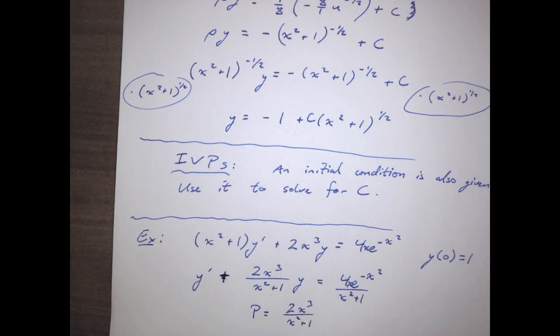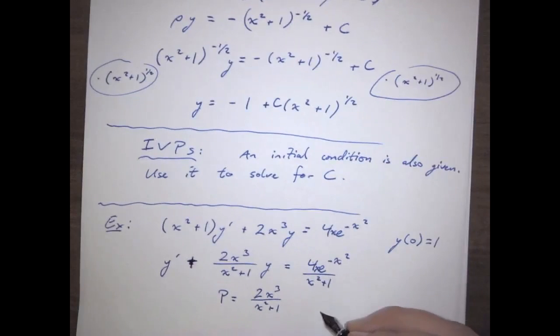Now this is a case of a function where we are going to have to be a little bit careful when taking the integral. So that means rho is going to be exp integral 2x cubed over x squared plus 1 dx.